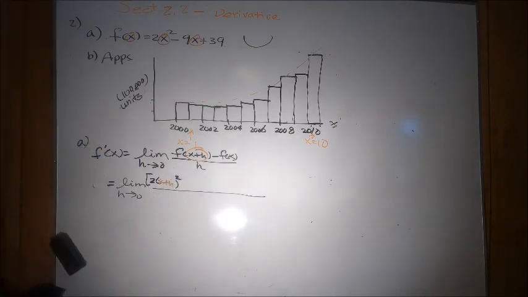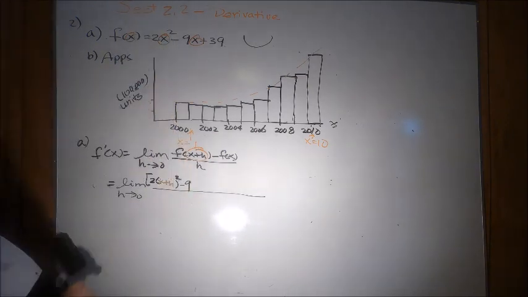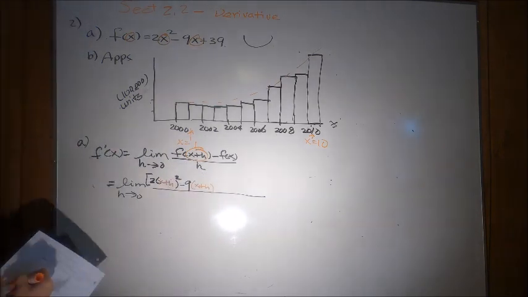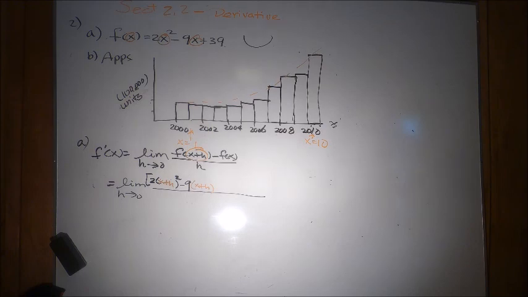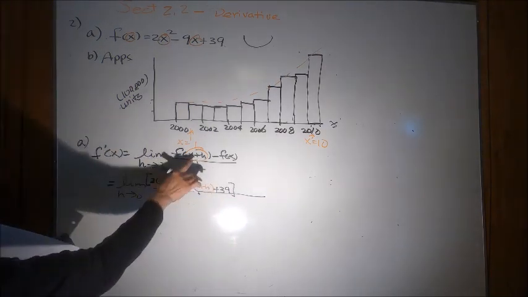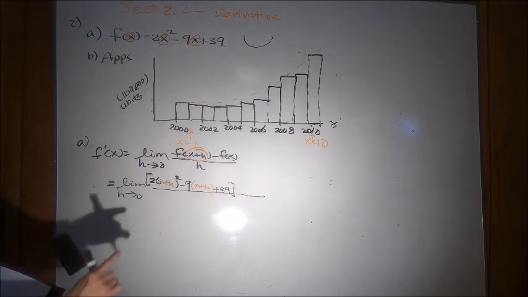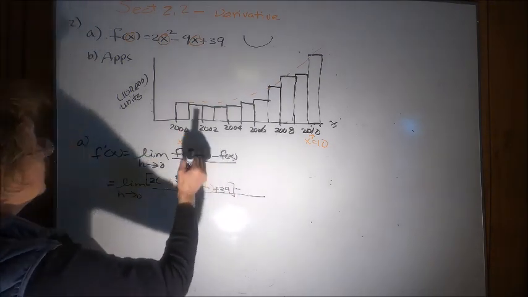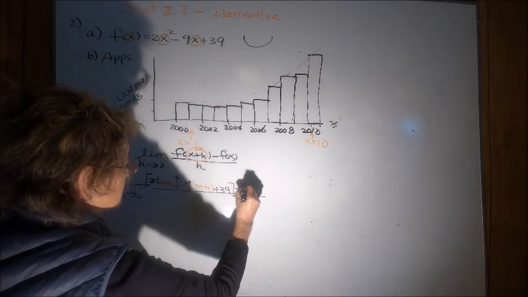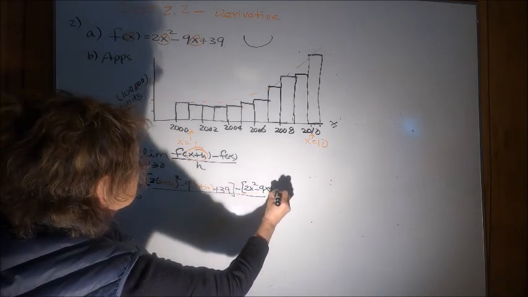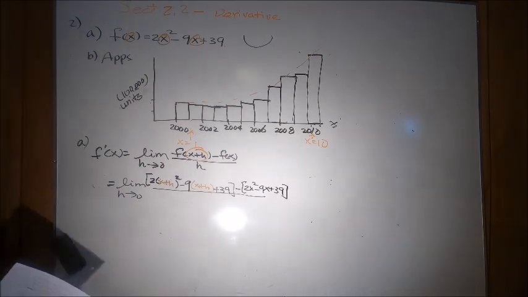Then you plug into the function x plus h in terms of what? In the x place, right? That's your f of x plus h. If you plug in, you should get this. Practice on that. Then minus f of x. That was 2x squared minus 9x plus 39, right?